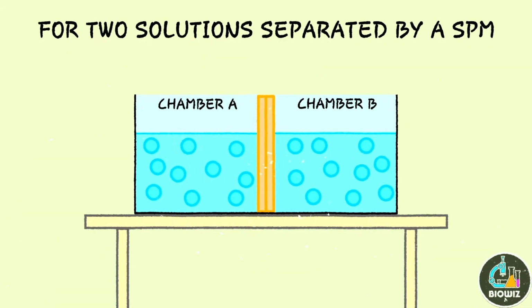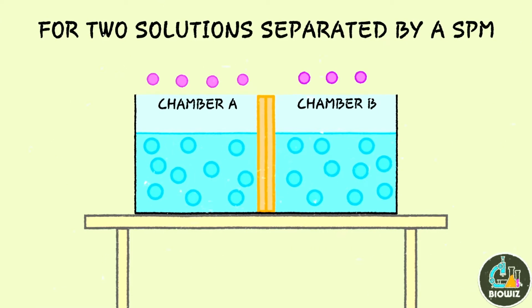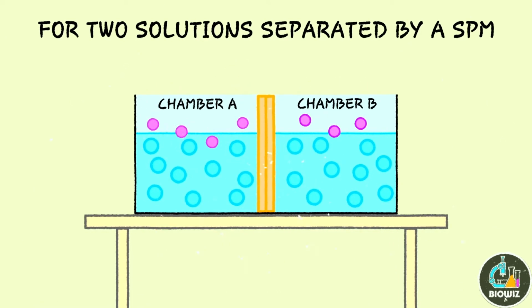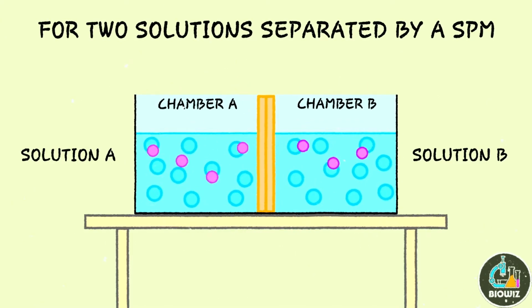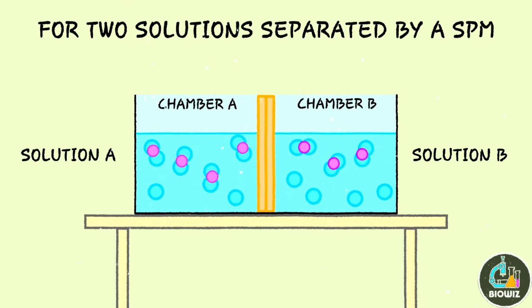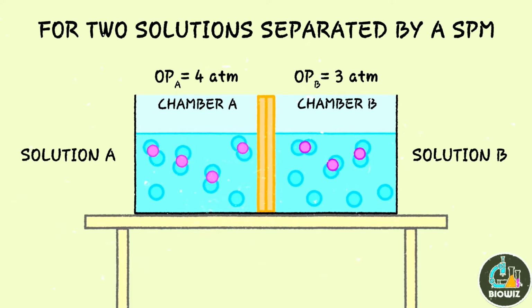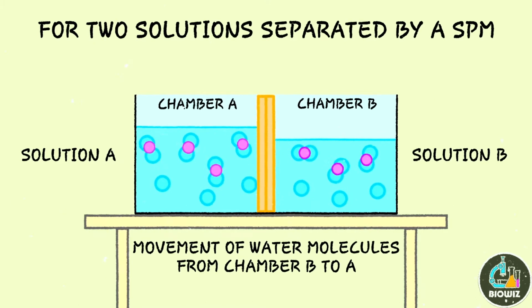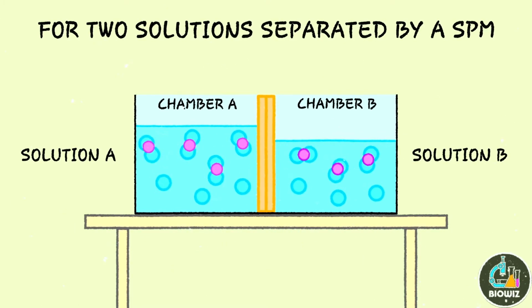Now let's see what happens when two solutions are separated from each other by a semi-permeable membrane. Suppose we have 4 solute molecules in chamber A and 3 solute molecules in chamber B. The osmotic pressure of solution A will be higher than that of solution B, and as expected, water will move from chamber B to chamber A to regain the state of equilibrium, since chamber B will have more free water molecules initially.